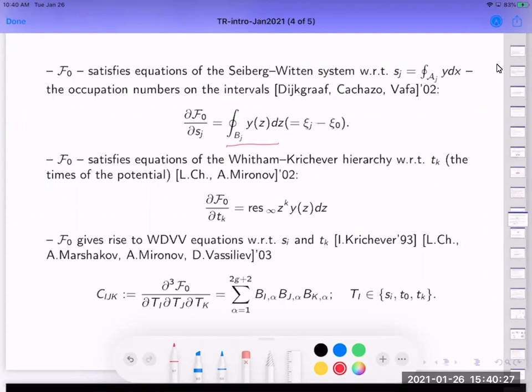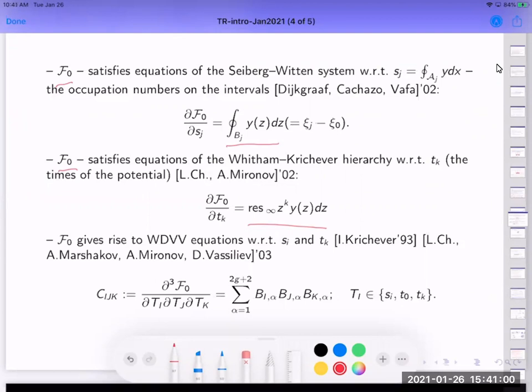Next, the same free energy satisfies the equations of the Whitham-Krichever hierarchy. It will be important that they are also given by residue formulas involving this special differential y dz, and also, as will come later in this talk, y/z.